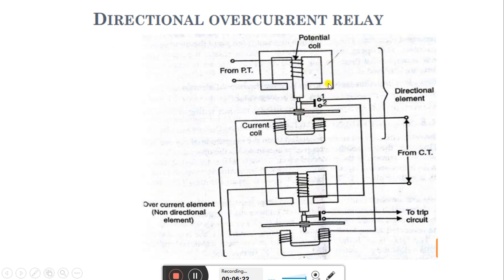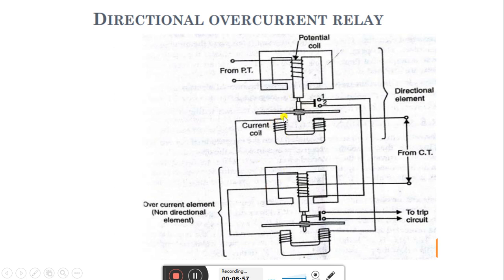So what we see is that once the potential transformer supplies a voltage to this coil and current from CT is supplied to the U-shaped magnet of the current coil, the same current coil is extended to this E-shaped magnet also. It means both supplies are available from CT, from here and here.